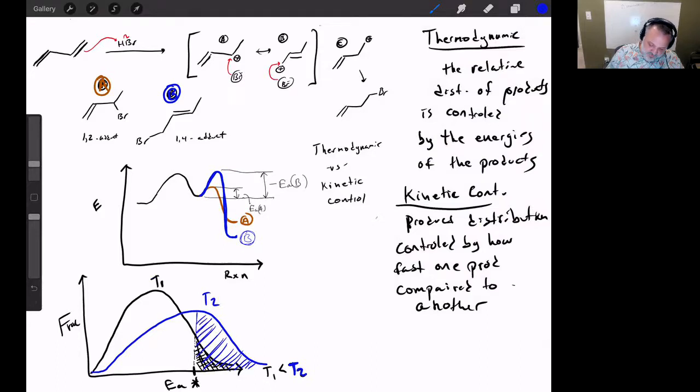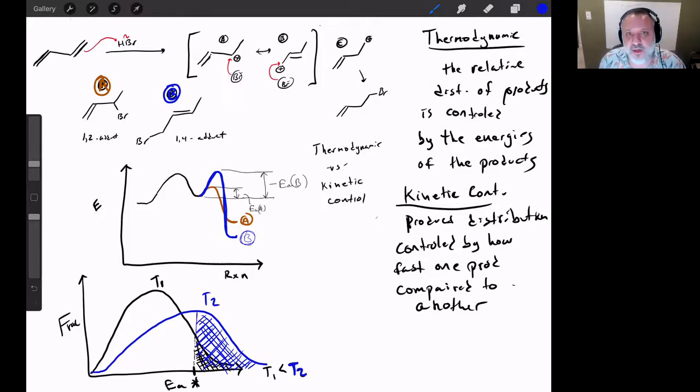And we can tell that because the area under the curve is larger. So this is how raising the temperature increases the rate of any particular reaction, because the number of molecules that have enough energy to get over the activation barrier goes up.